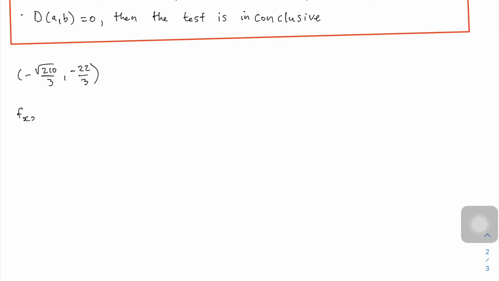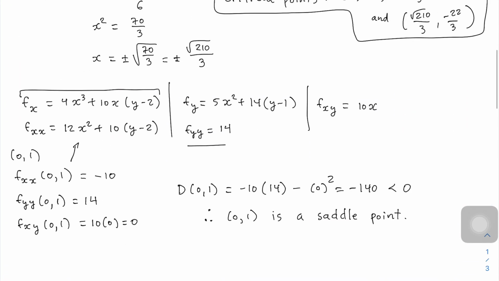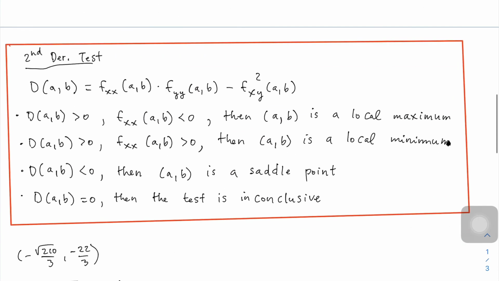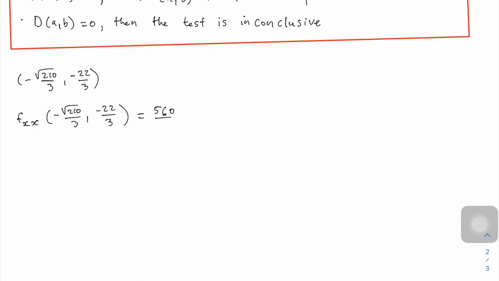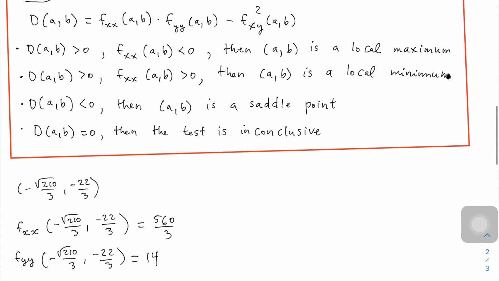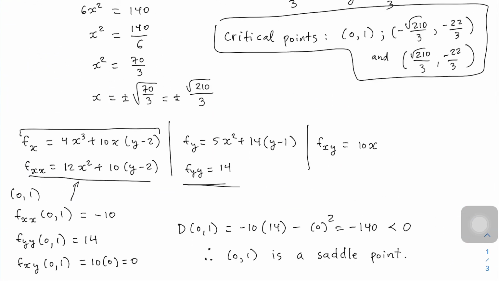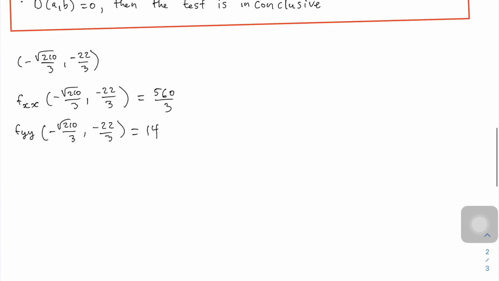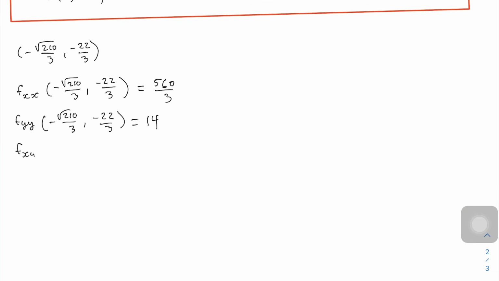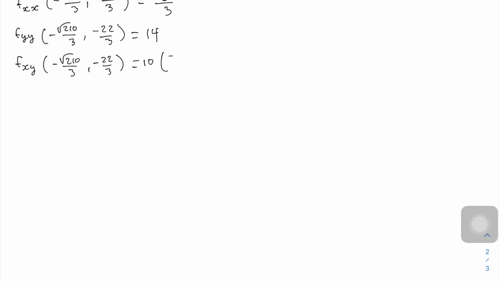Okay, we're going to find fxx, and then we are just going to plug it into this equation, and we should be getting 560 over 3. And for fyy, no matter what, it's going to be 14 because it's not changing here. And we'll just take 10x, negative.